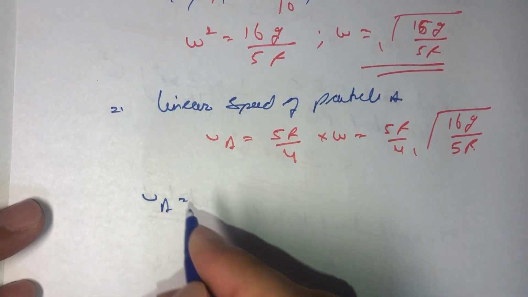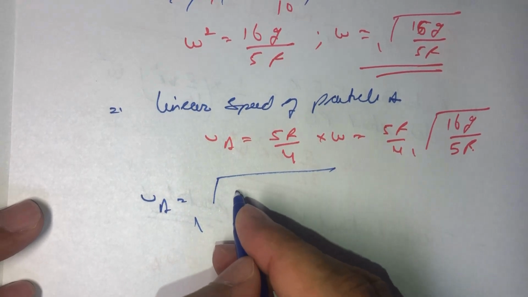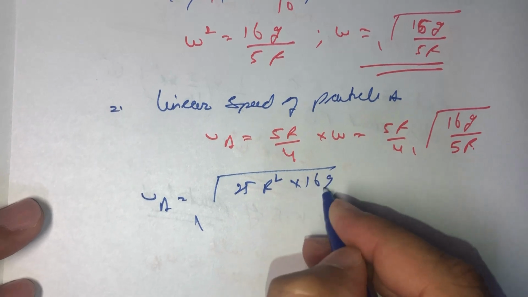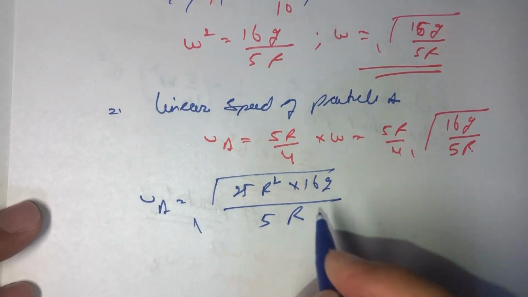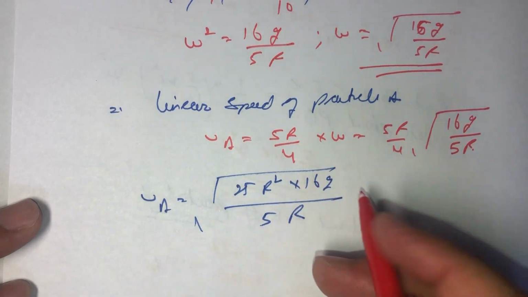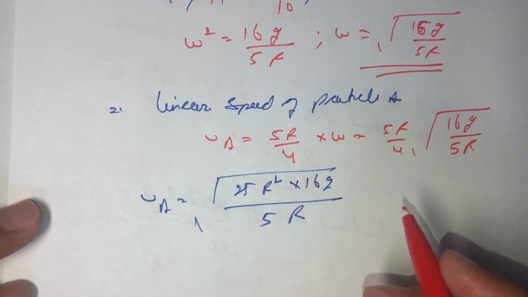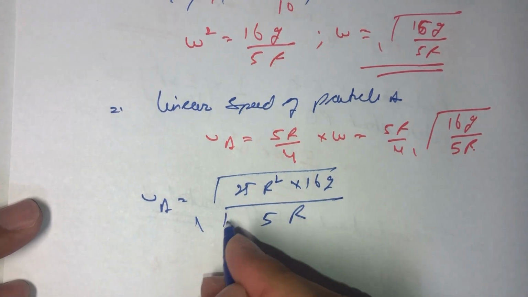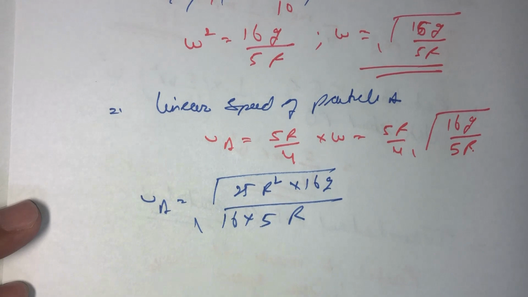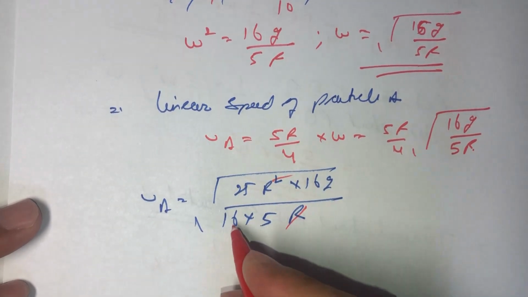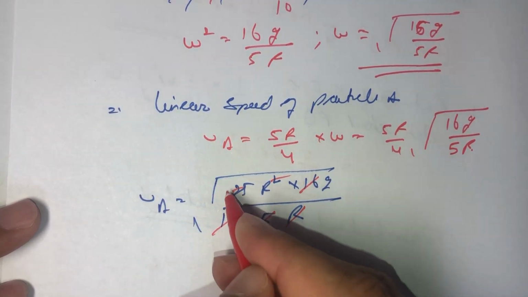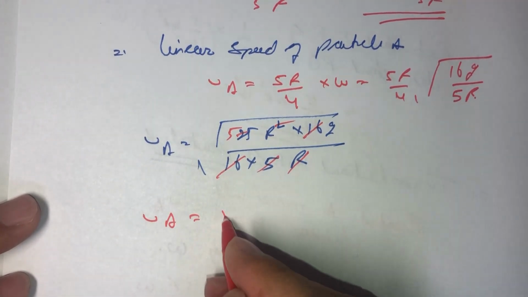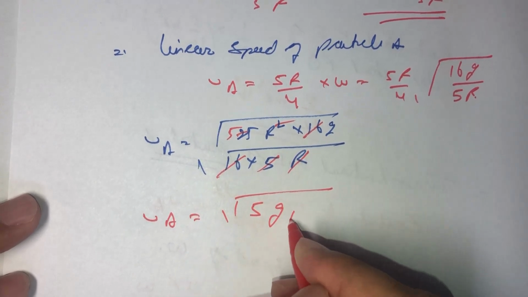Now to do a simple calculation, this becomes 25 r square multiplied by 16g divided by 5r, and sorry, I missed 16 here, 16 because of 4. So this r cancels, squares, 16 goes with 16 and this goes by 5. So we can say that our VA will be equal to the square root of 5gr.